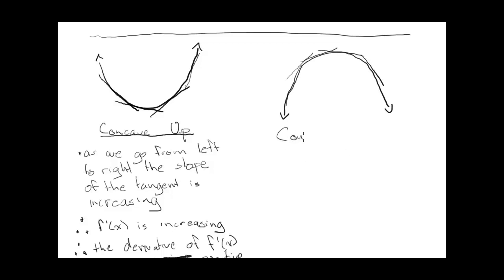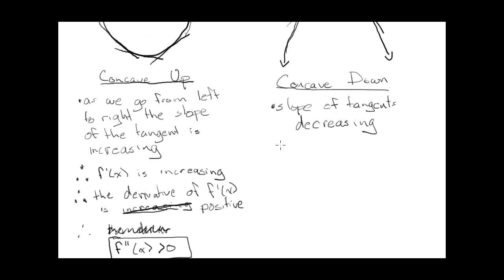So for concave down, the slope of the tangent is decreasing, which means the derivative of f prime is negative, which means f double prime is negative.